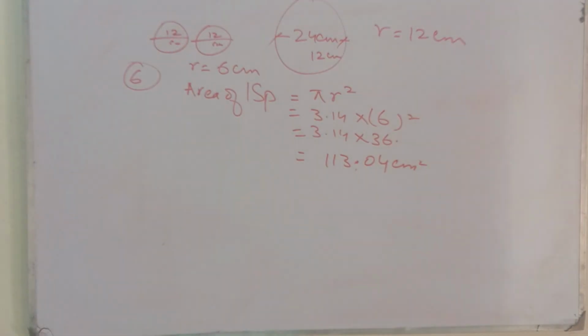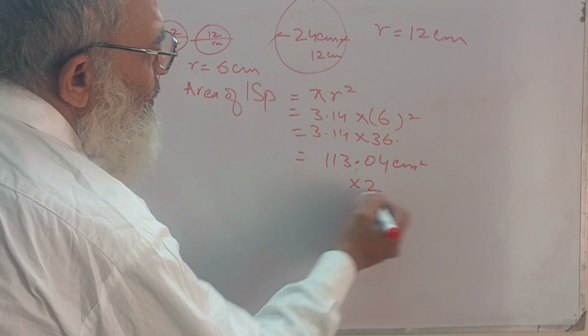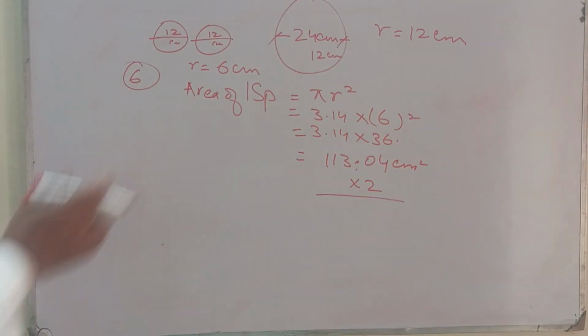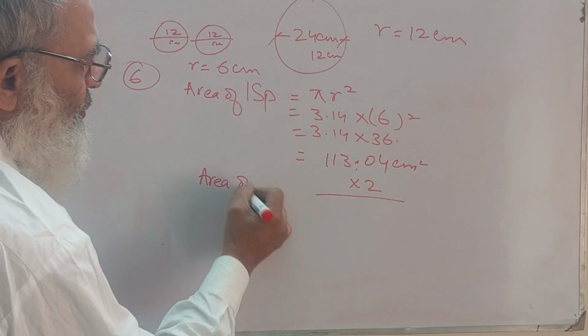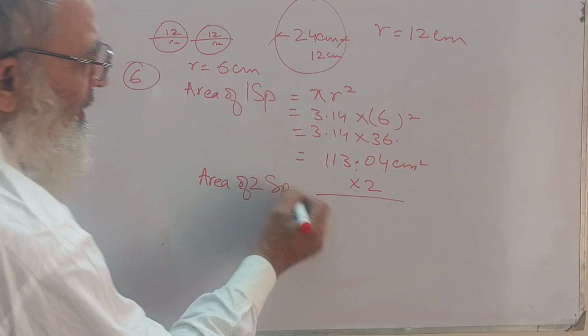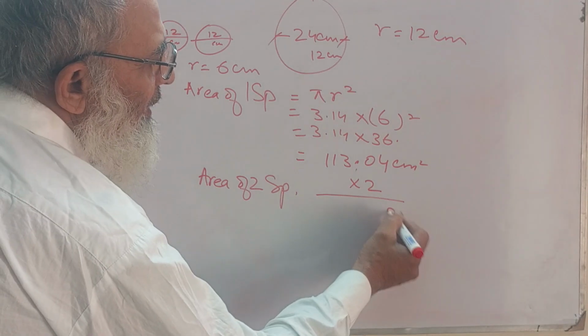The area of one pizza is 113.04 centimeter square. When multiplied by 2, it will give you the area of two smaller pizzas.